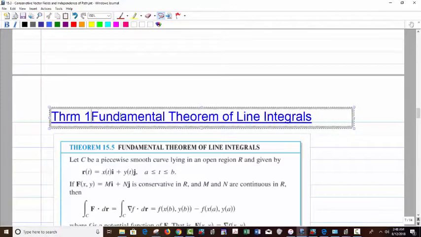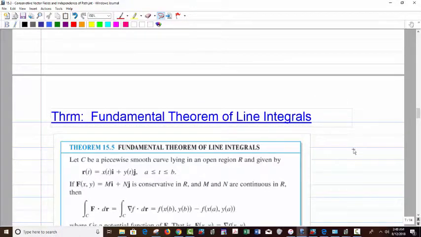All right, just going to take out. Let's see. Now we're going to look at a theorem called the fundamental theorem of line integrals. And it does sort of work like the fundamental theorem of calculus in Cal 1. It's like that, just the vector field version of it instead of regular functions. Okie doke.